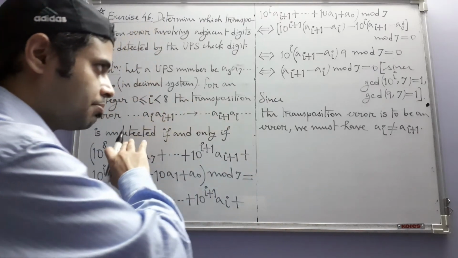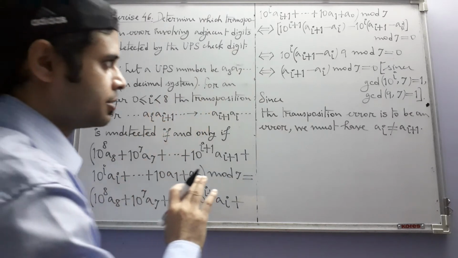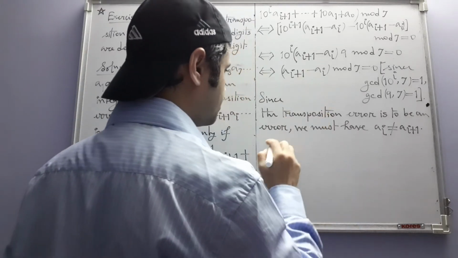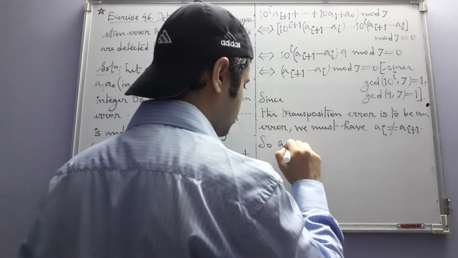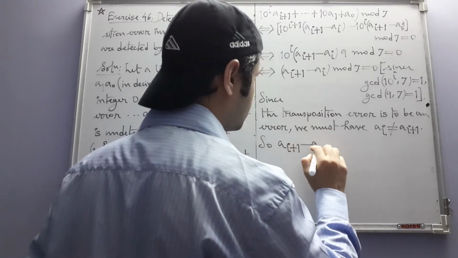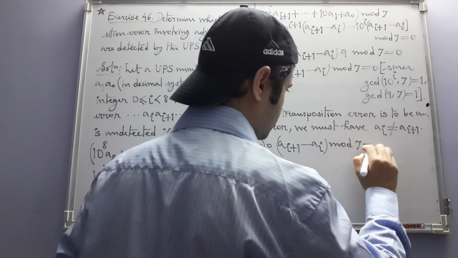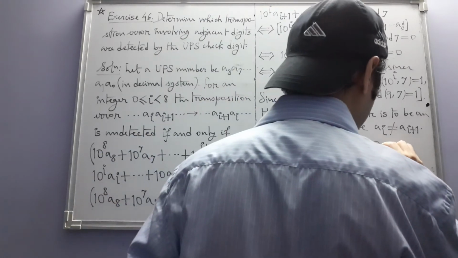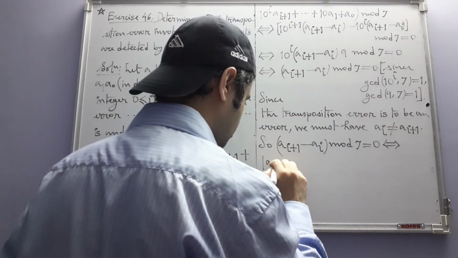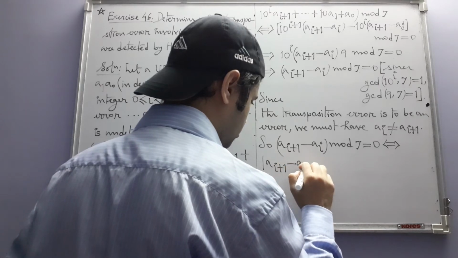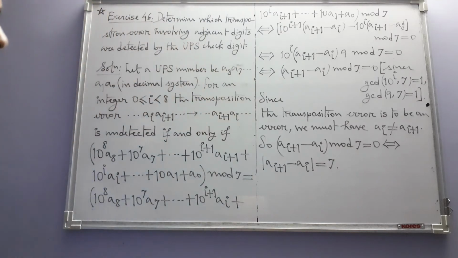But then by how we argued in one of the previous exercises, this implies and is implied by this is equal to 0 if and only if this is equal to 7.